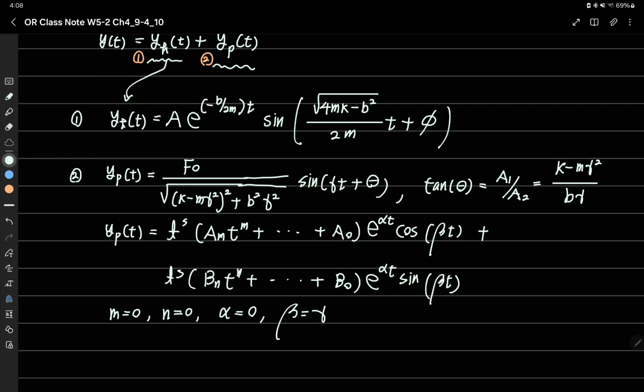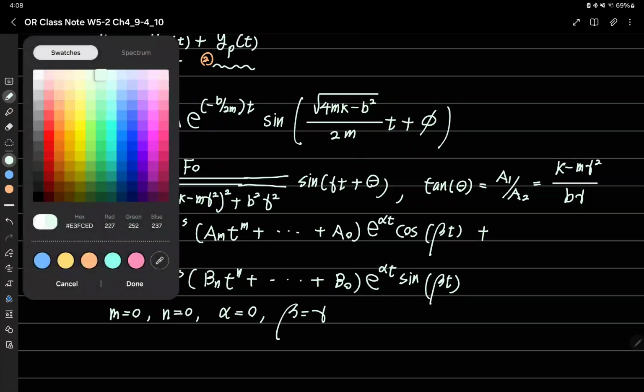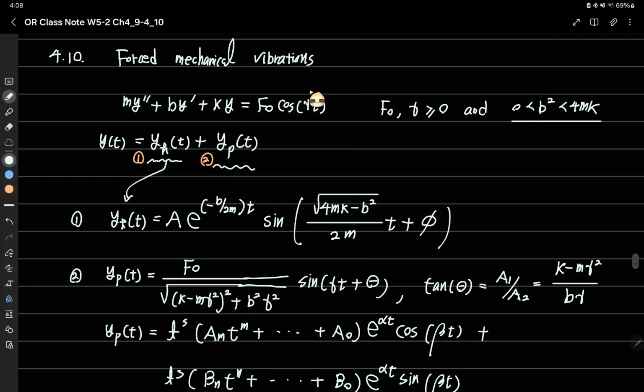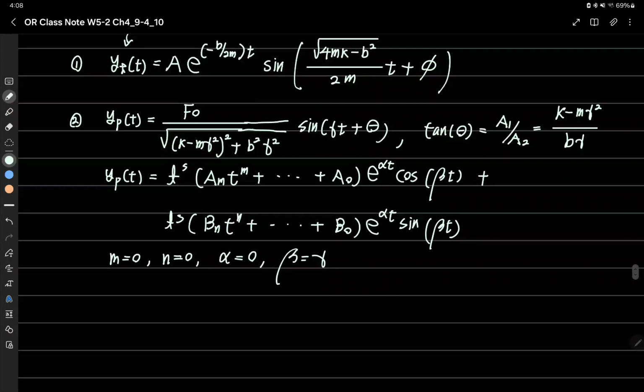Since the external force is F0 times cosine, y sub p, the particular solution, must have the standard form: polynomial times exponential term times trigonometric functions.